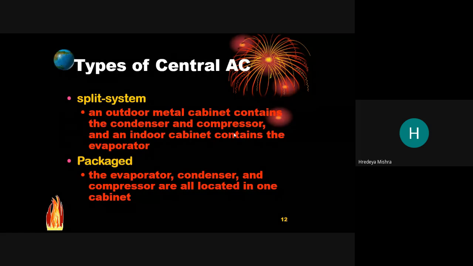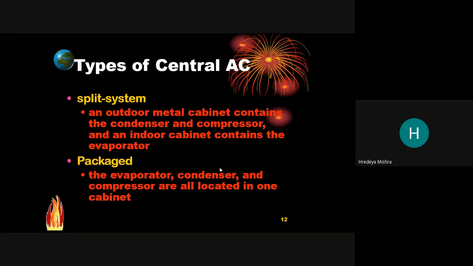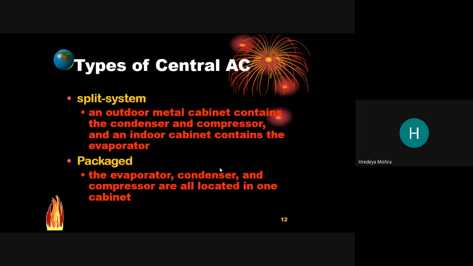Packaged: the evaporator, condenser, and compressor are all located in one cabinet. Here, separate cabinets, split system. This is the packaged system. Okay, so the evaporator, condenser, and compressor are all located in the same cabinet.